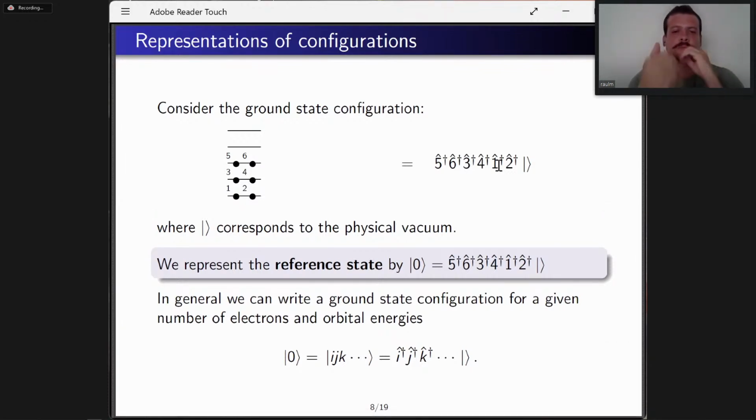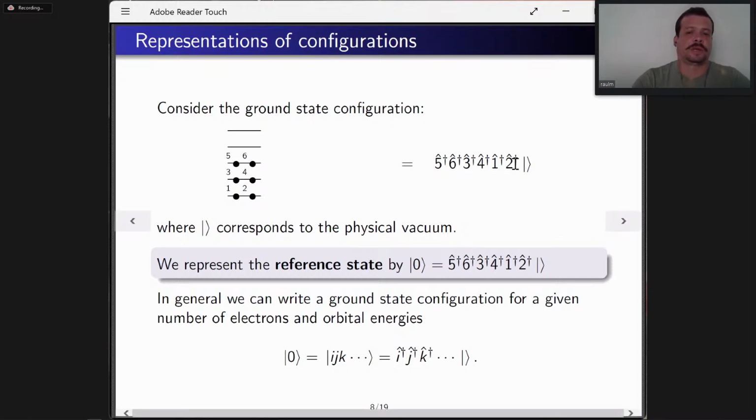It's not empty space, it's the physical vacuum, that is just the orbital energies. Here I'm filling this space first with electrons 1 and 2 that occupy the lowest orbital energy, then 3 and 4, the second one, and then 5 and 6. In this way, we are representing this configuration.